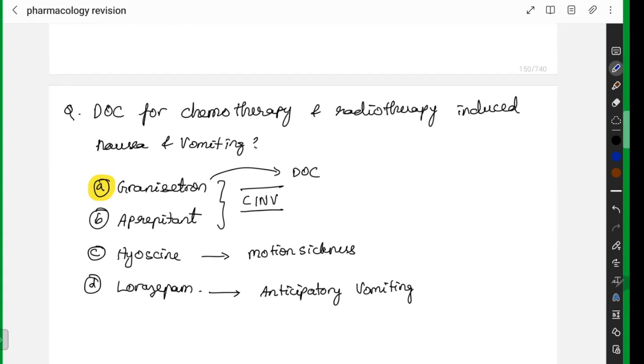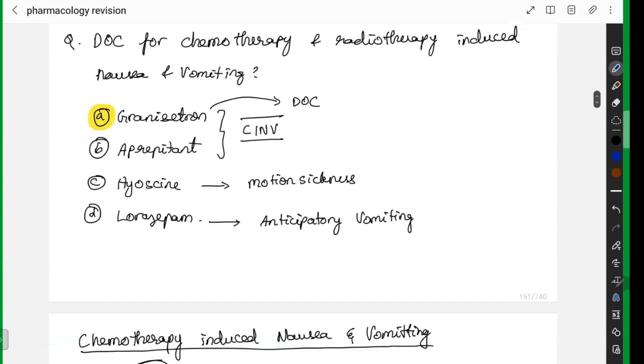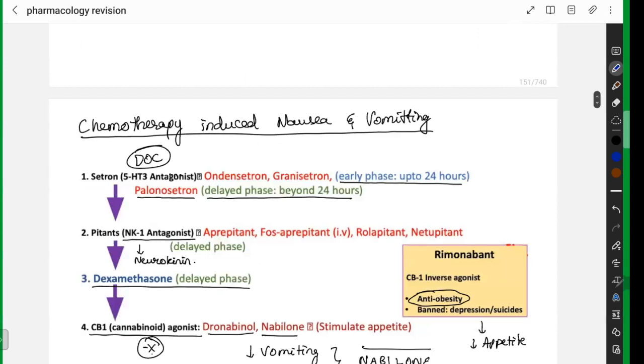So what drug are you going to give in these patients? Number one, for chemotherapy-induced nausea and vomiting, the drug of choice is going to be 5-hydroxytryptamine or serotonin antagonists. What are the serotonin antagonists you're going to give? Ondansetron, granisetron, all your setron group of drugs, like ondansetron, granisetron, palonosetron.